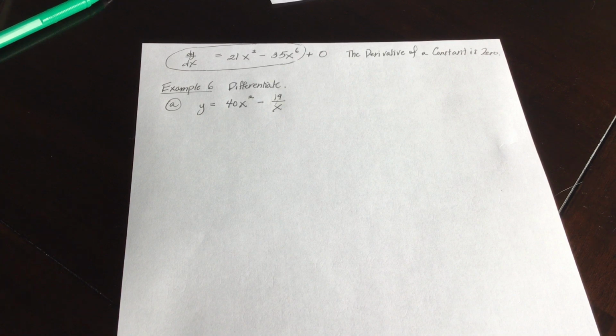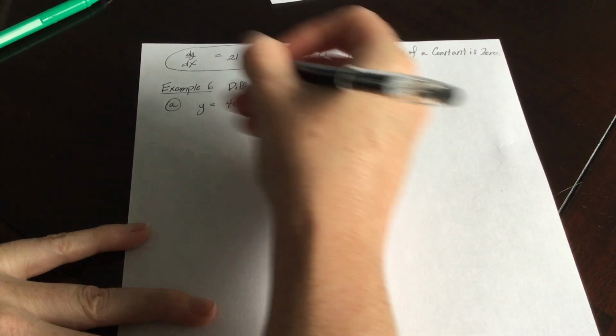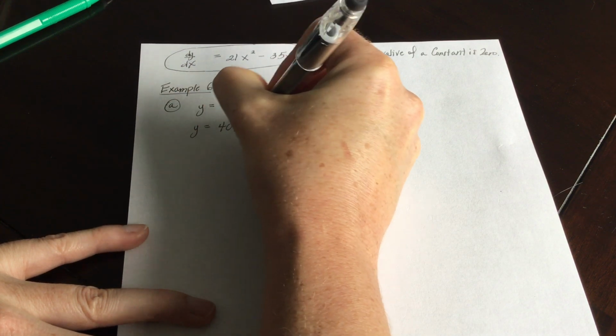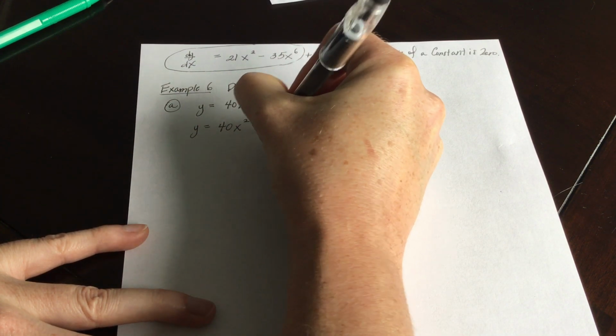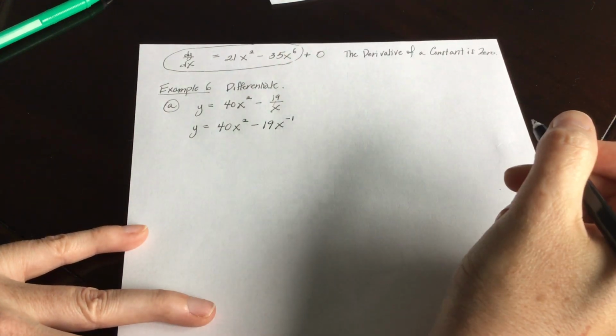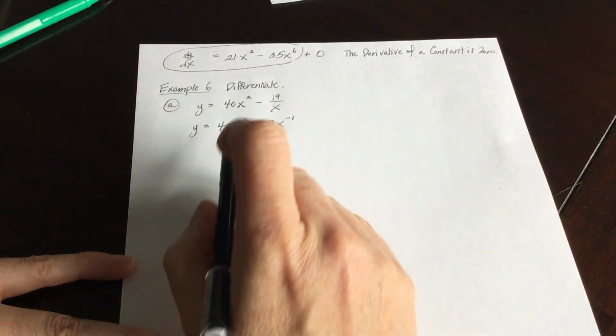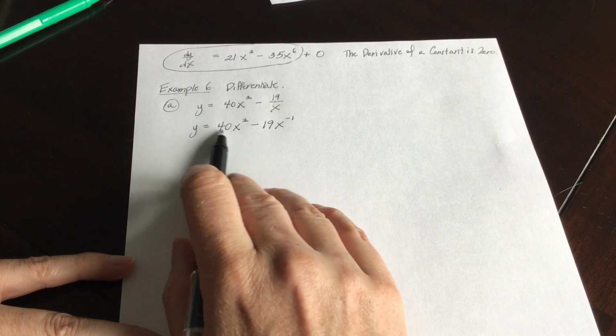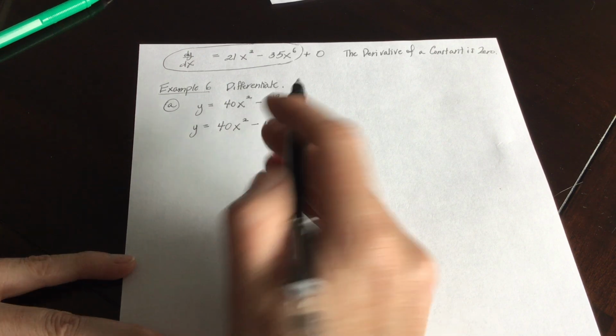So for a problem like this, I would recommend writing 19 over x as 19 times x to the negative 1, first of all. And then at that point, you can use a combination of the difference rule for derivatives, the constant multiple rule for derivatives, and power rules.